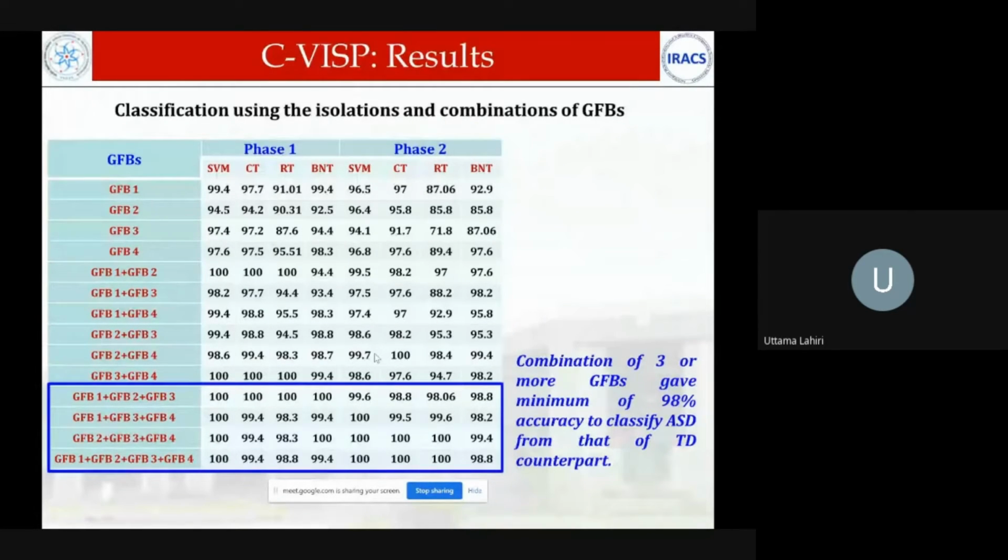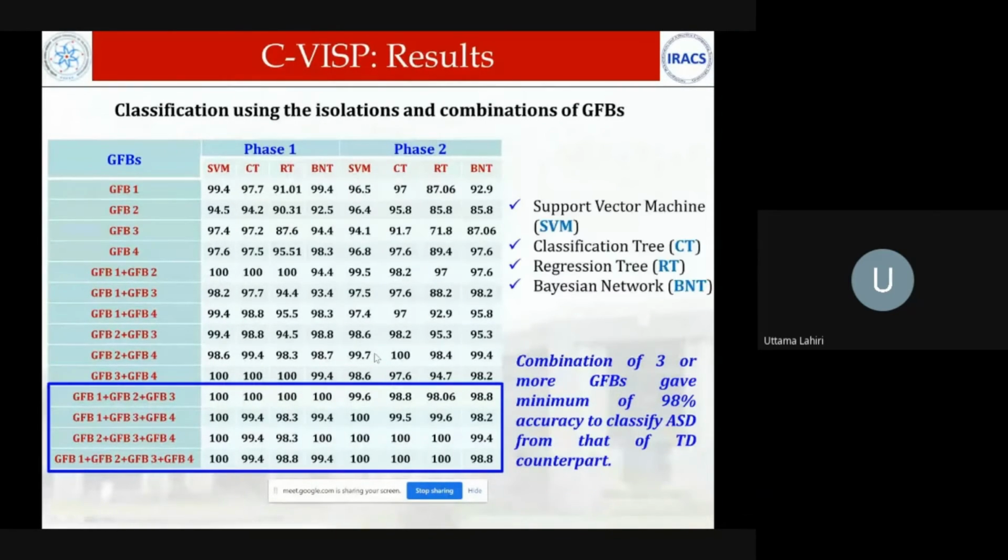So we can see that with nearly 98% accuracy, it can be used to classify. Of course, the SVM was the best across all. So even for 3 groups of gaze feature baskets, you can see nearly 100% of the time, the support vector machine was able to classify autism from their typically developing counterpart.